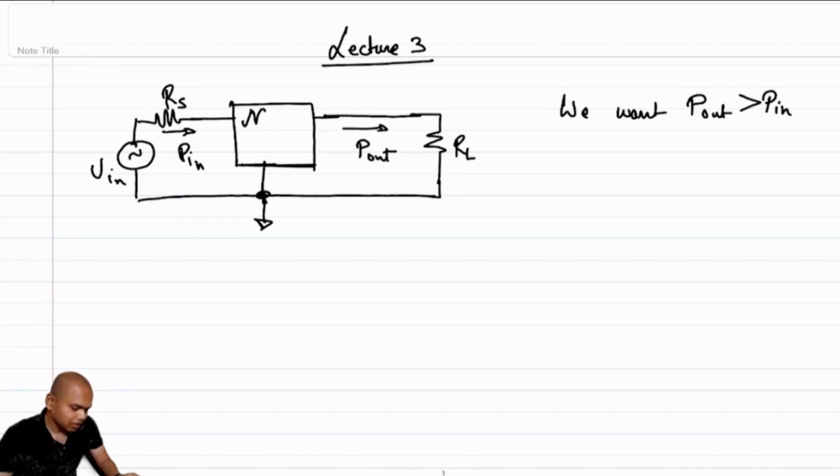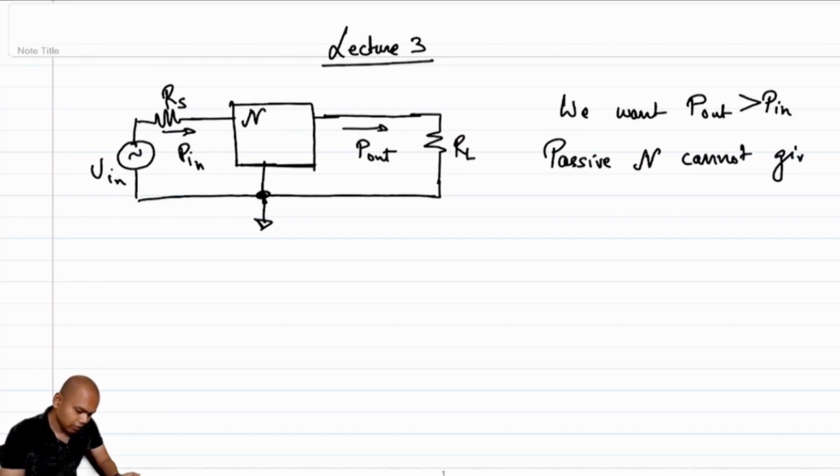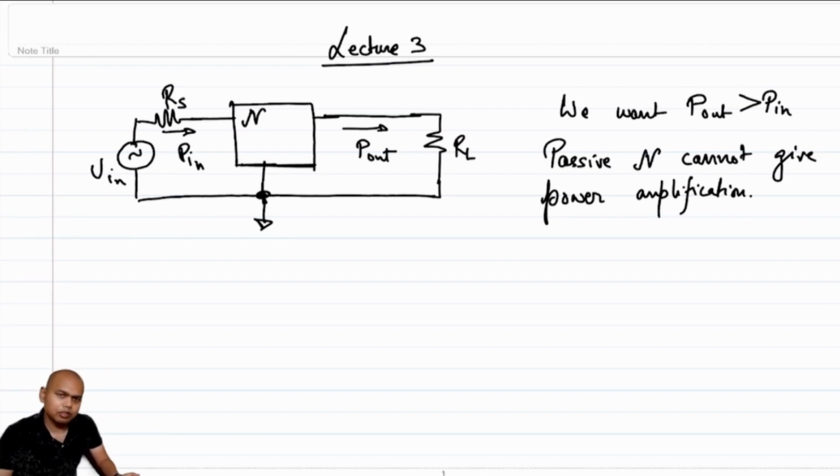Similarly, if this network is passive, we will not get any power amplification. So a passive network cannot give power amplification. So this is clearly not possible.